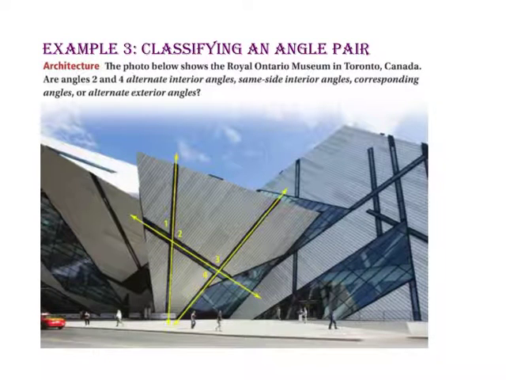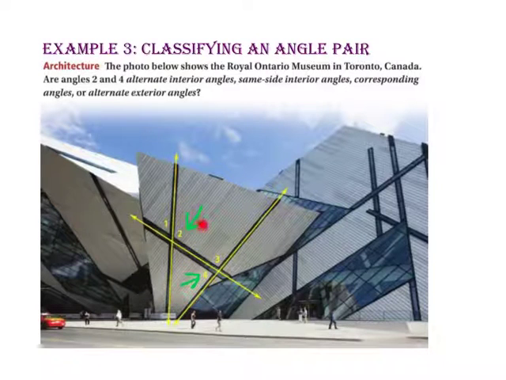The photo shows the Royal Ontario Museum in Toronto, Canada. Are the angles 2 and 4 alternate interior angles, same side interior angles, corresponding angles, or alternate exterior angles? Well, let's have a look. Since angle 2 and angle 4 are on the interior of the lines, we know that they are either same side interior or alternate interior.